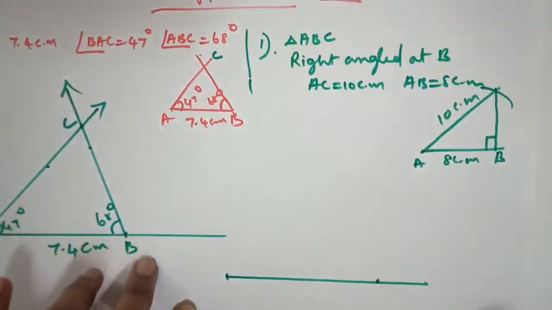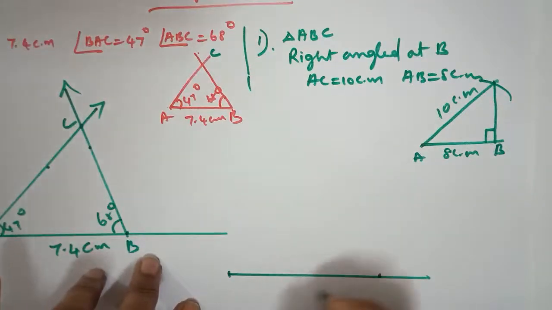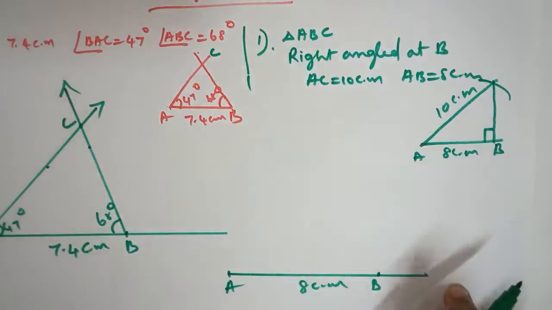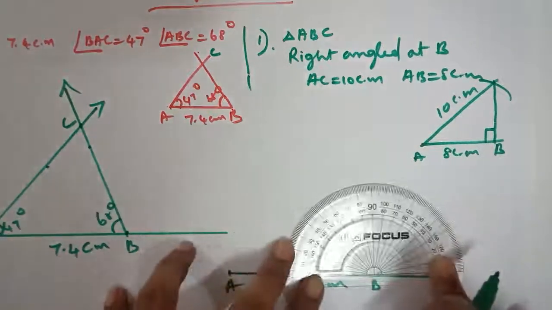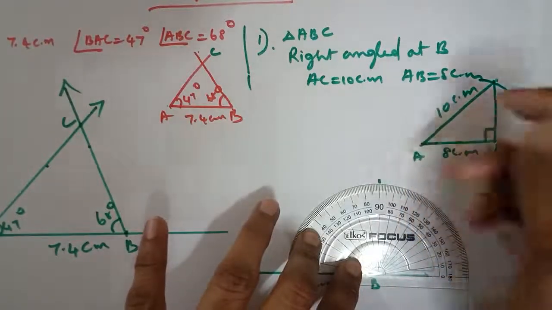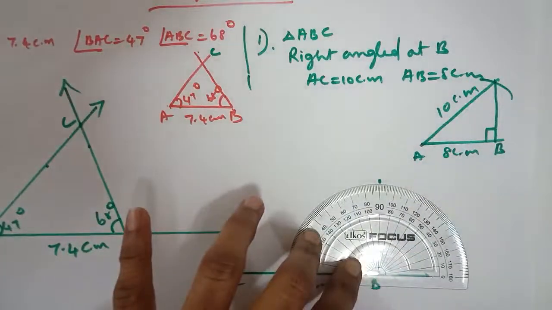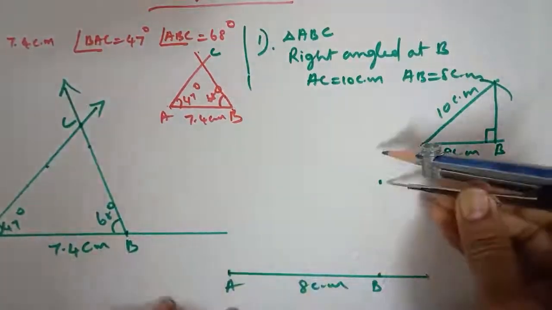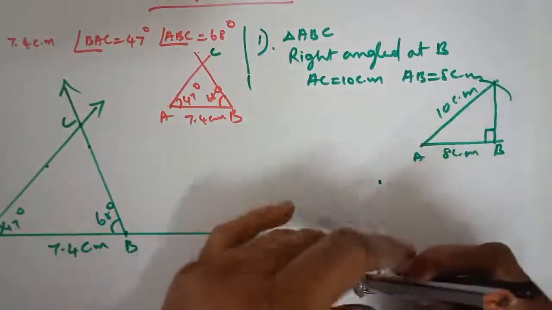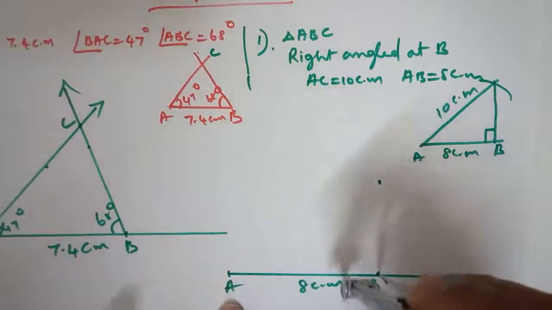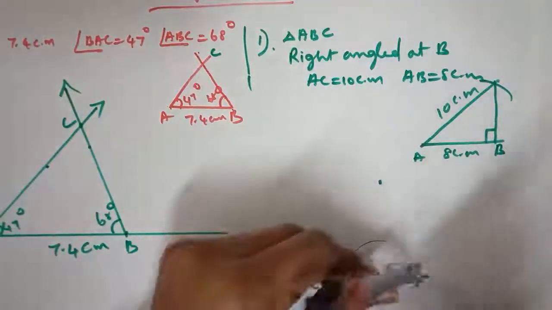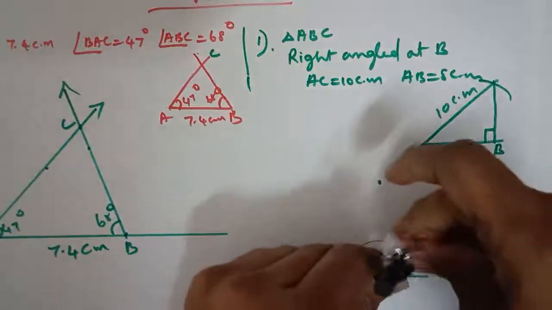Listen students, here I have drawn a line segment AB 8 cm. And then you should take right angle 90 degrees at B. So this is 90 degrees. Or otherwise, you can directly take 90 degrees using a protractor, or otherwise students listen, take some radius and draw a semicircle.